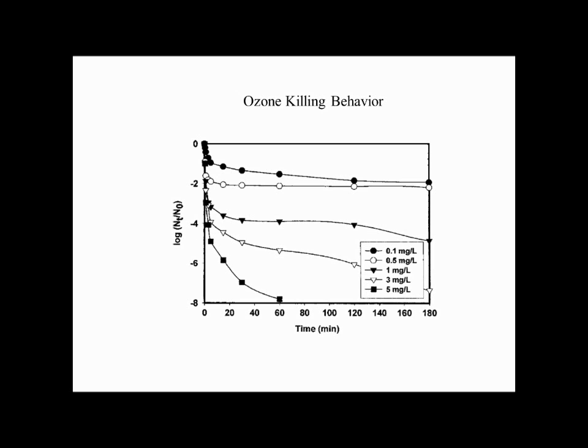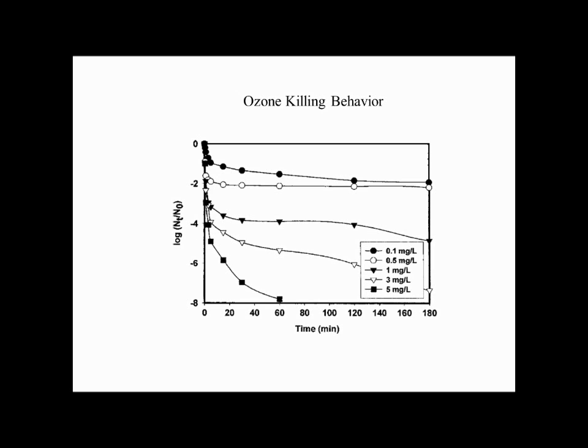So as you go to higher concentrations, and you have to go to higher concentrations if you want to get a 3-decade reduction, which would be going from 0 to -3 on the left scale, or a 4-decade reduction if you wanted to get to -4, you realize that you're going to have to use 3 milligram per litre or higher ozone.